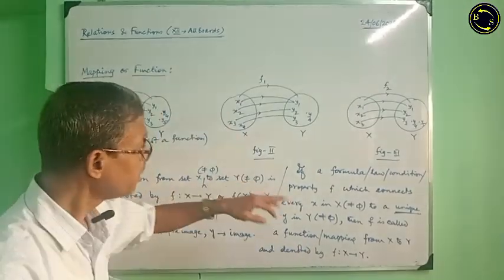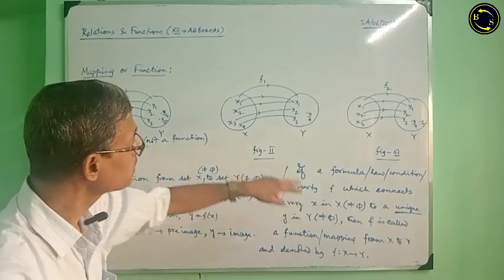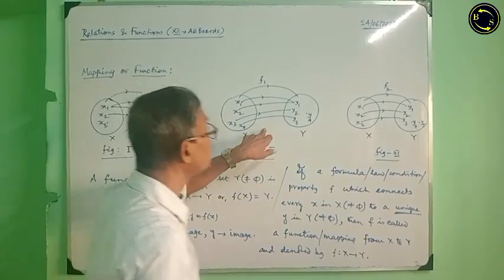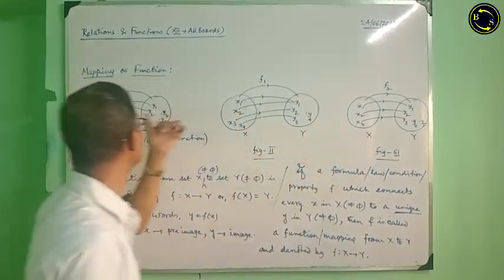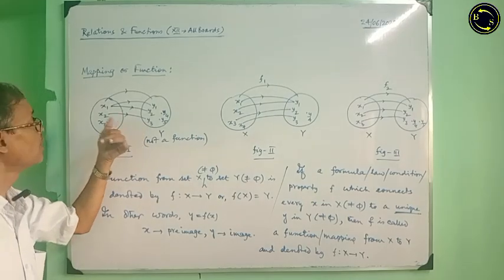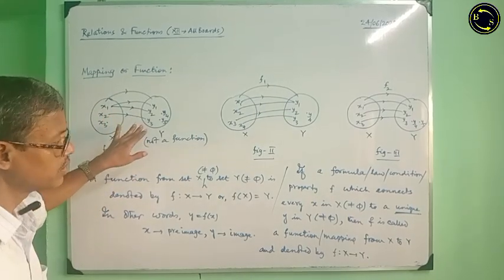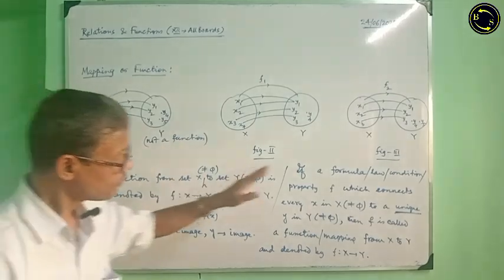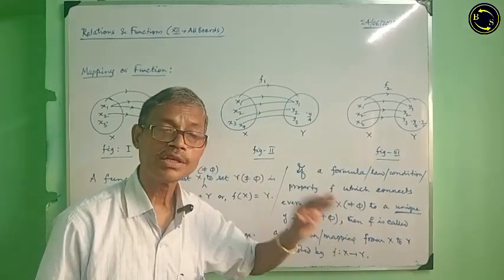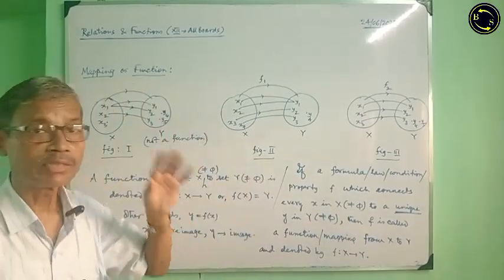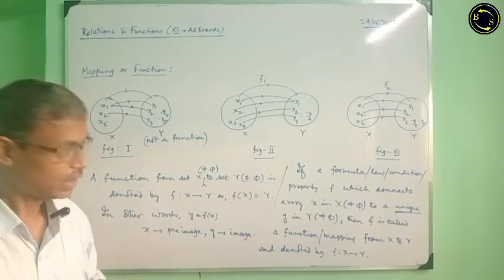Now you see, uniqueness is maintained in these two cases, but not in this case. Therefore, this is not the case of a function. And from this definition, it is clear that this is a special type of relation.